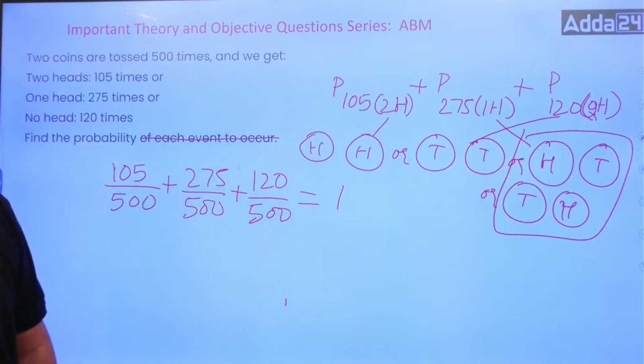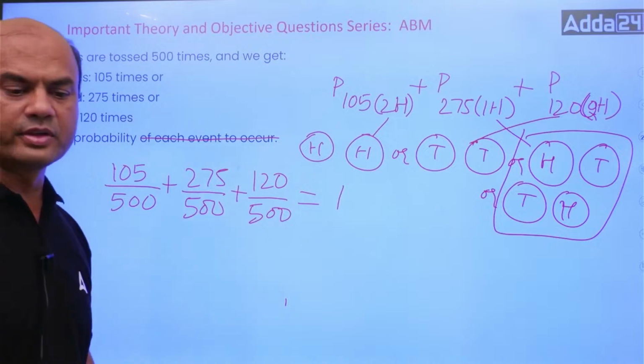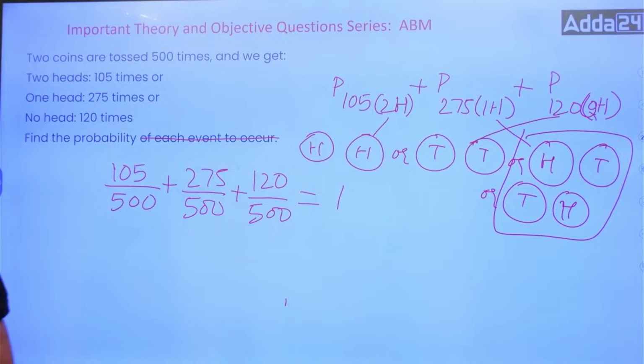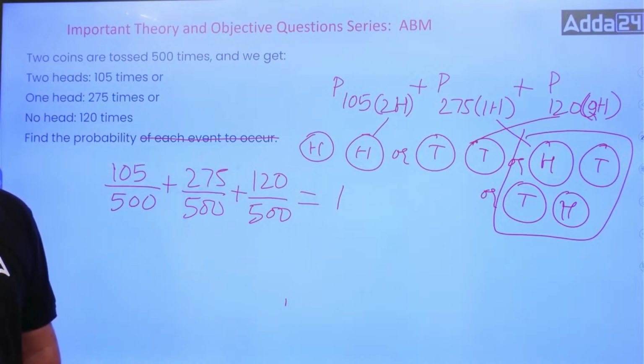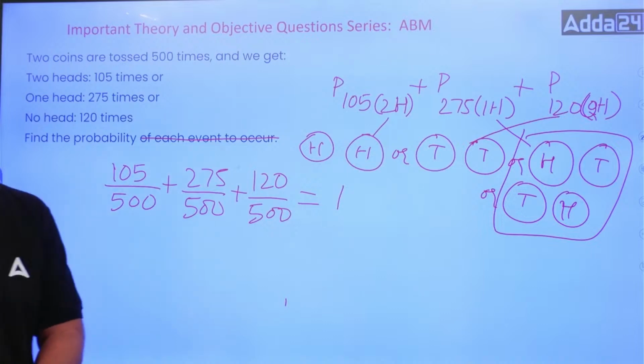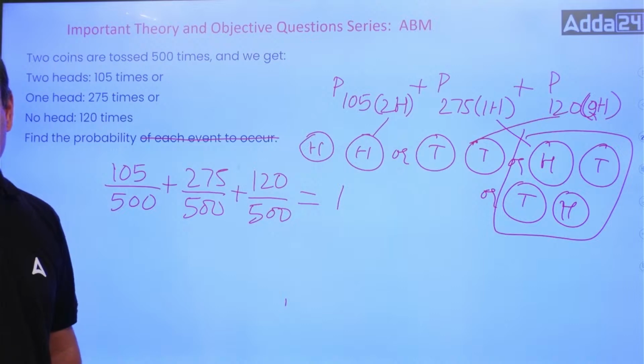Divide it and get the total of each. You will see the answer. Find the total of each, everyone.